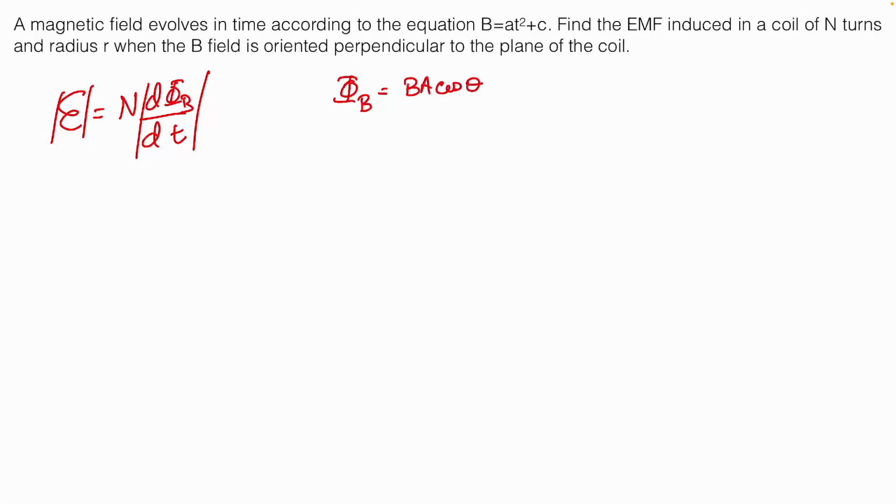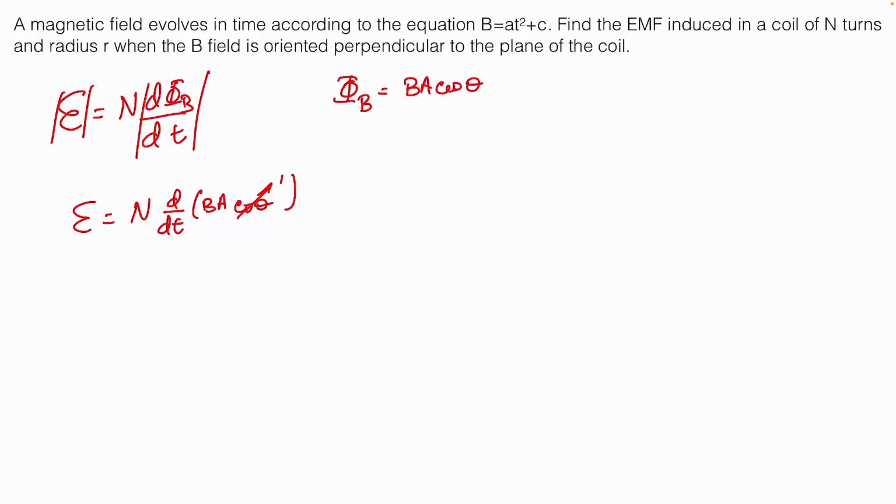Which of these three is changing? The field. It tells me right here that the field is changing according to this function, and that function depends on time. So my EMF is going to be the derivative with respect to time of B times A cosine theta, times N.